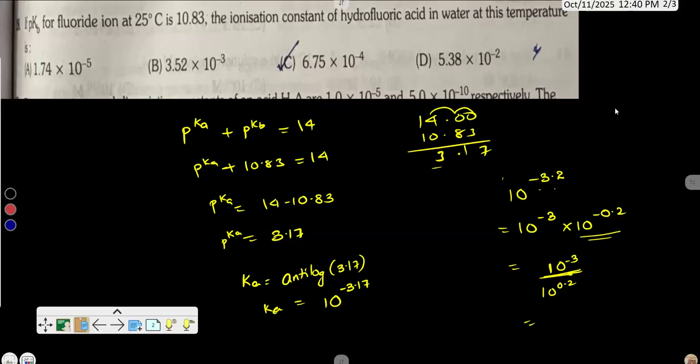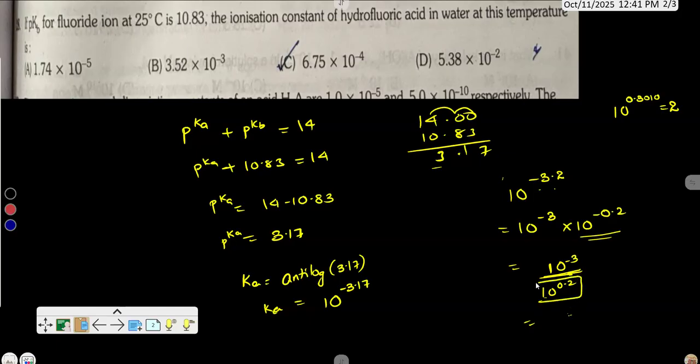According to logarithms, we know 10 to the power of 0.3010 is 2. So that is nothing but 10 to the power of 0.3 is 2. That means 10 to the power of 0.2 will be a lesser value than 2. So first we'll approximate it to be 2, find the answer, and see which option would fit.